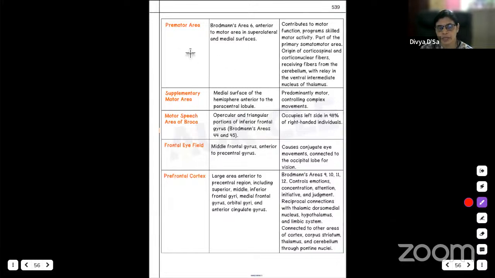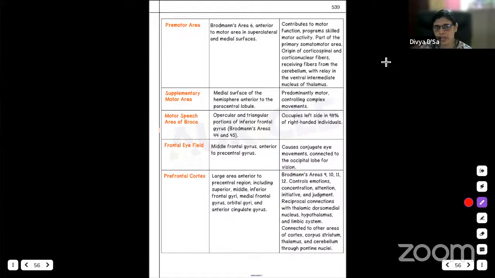Then we have premotor area number 6. So Brodmann's area number 6, as I said. It is anterior to the precentral gyrus, so it's anterior to the primary motor area. This will contribute to the motor function, that is programmed skill. Programmed skill movement in the sense, now I want to lift up something. My hand goes, holds it and lifts it.